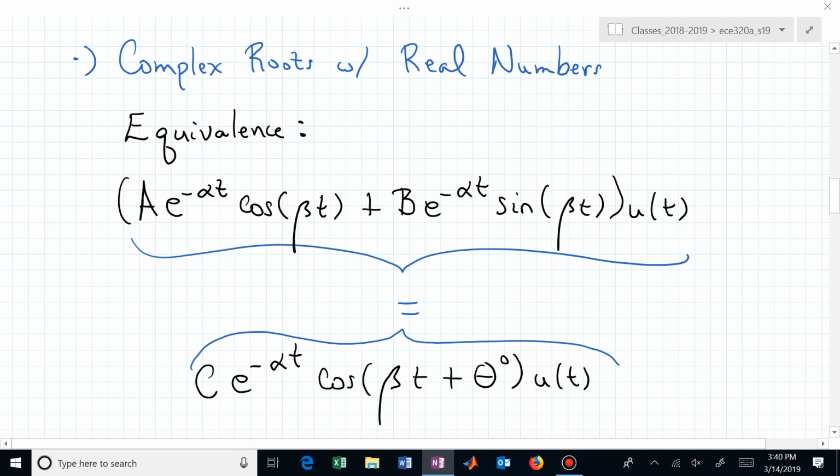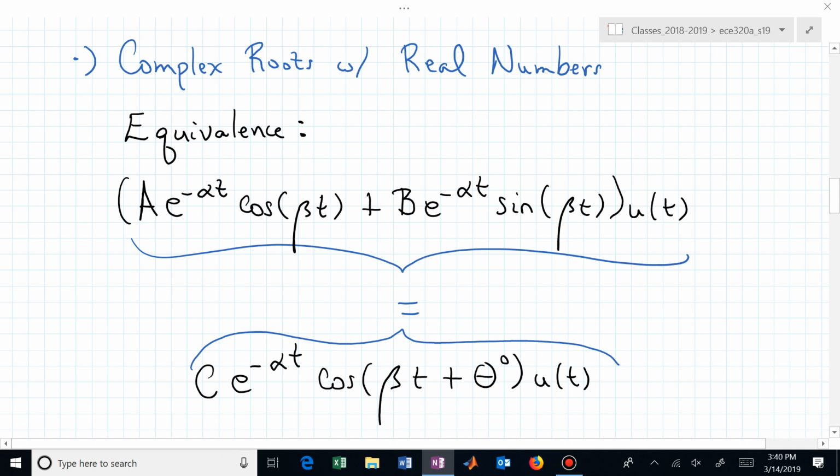Here is an exponentially damped cosine plus an exponentially damped sine, some linear combination of those. Well, that's equivalent to having a phase shifted cosine that's exponentially damped. Do you see the common terms in those two expressions? Well, how is it shaking?